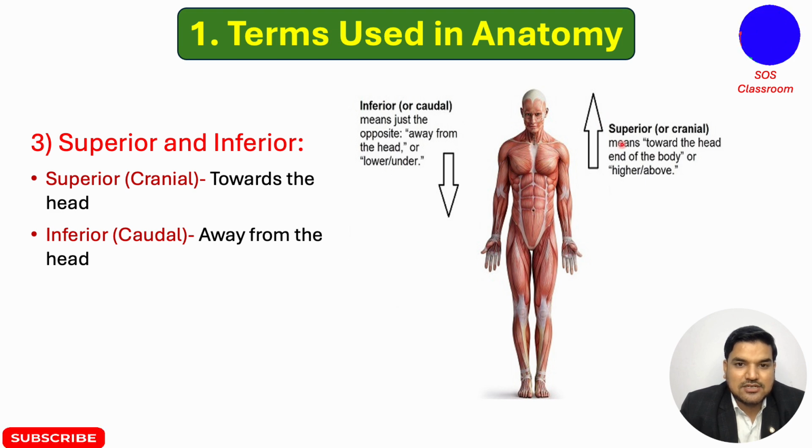This is the inferior term, meaning toward the leg side or away from the head. Inferior, another name is caudal. Superior, another name is cranial. So superior position is toward the head side, and inferior position is away from the head side or toward the leg side.